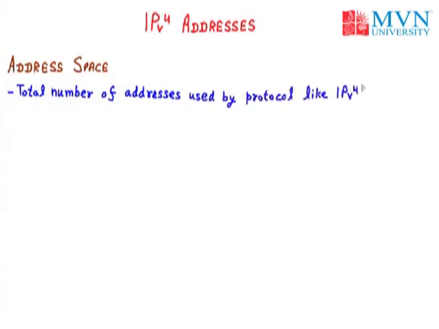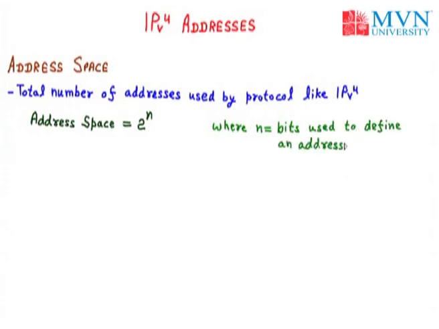For example, if a particular protocol uses n bits to define an address, the total address space is 2 raised to power n, where n is the number of bits used to define an address. Why 2 raised to power n? Because each bit can have two different values, 0 and 1, so n bits will give 2 raised to power n.